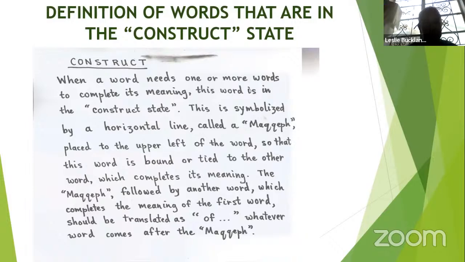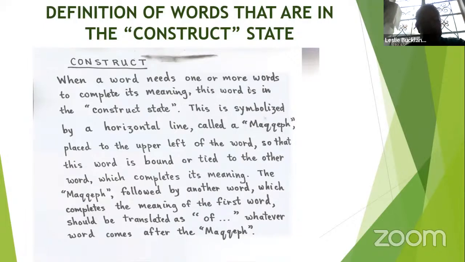This is symbolized by a horizontal line called a maqqef, placed to the upper left of the word, so that this word is bound or tied to the other word which completes its meaning. The maqqef followed by another word, which completes the meaning of the first word, should be translated as of, whatever word comes after the maqqef.